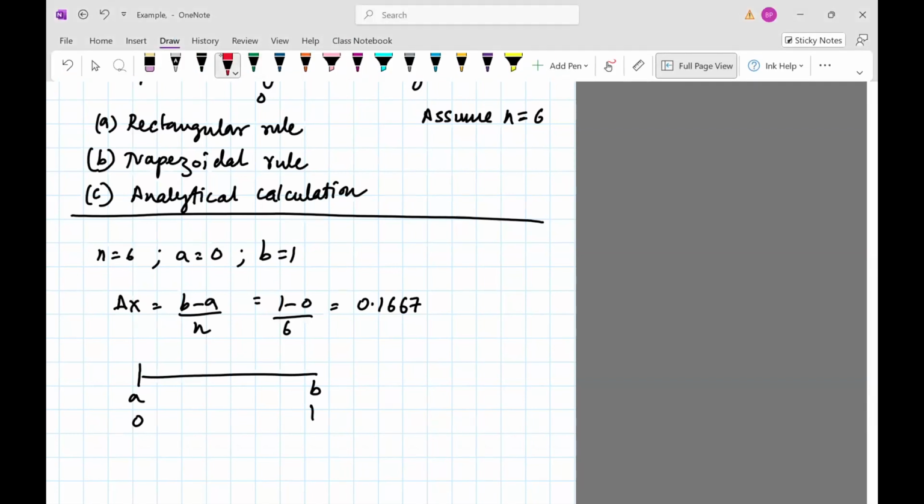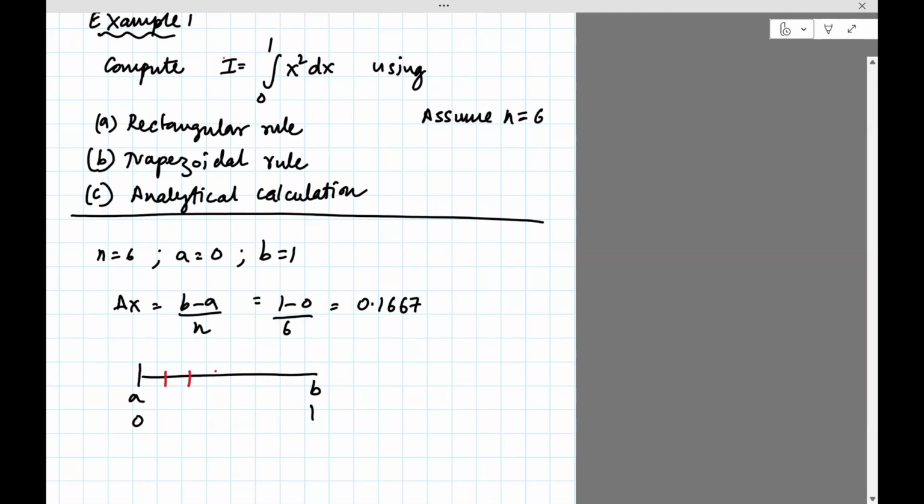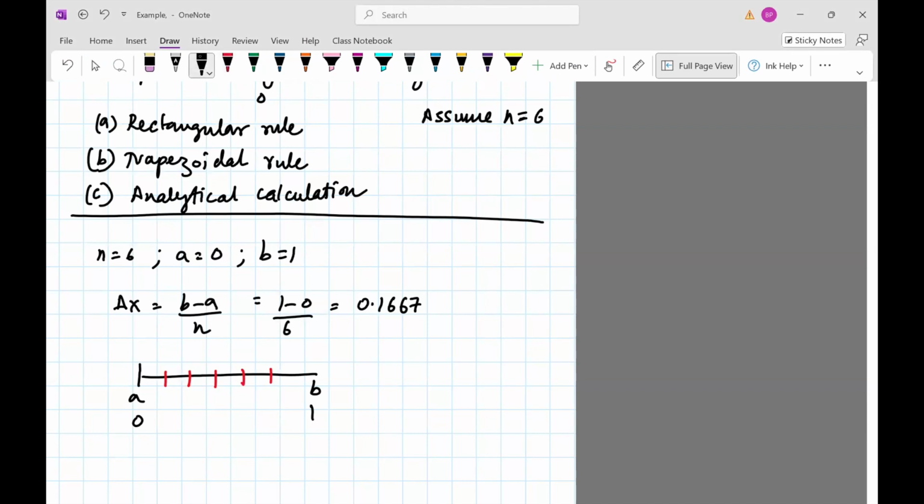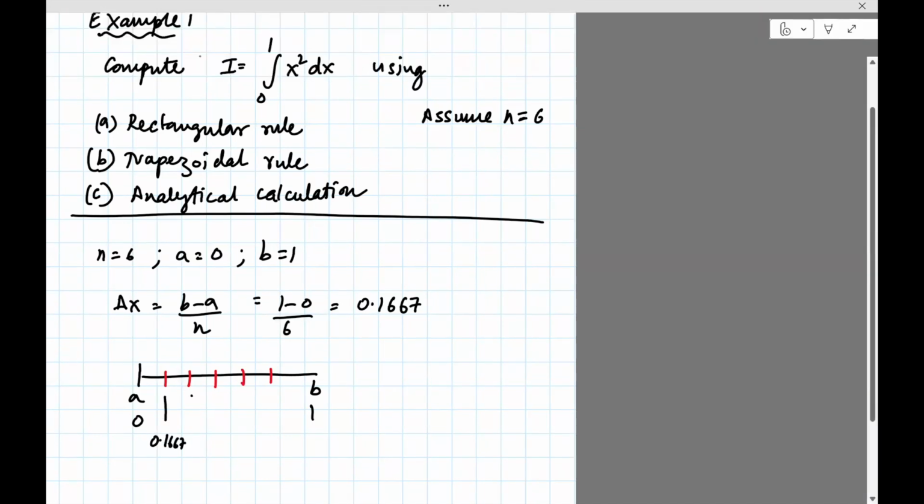What this is saying is that you will have points at 0.1667, 0.3333, 0.5, 0.6667, 0.8333, and 0 and 1.